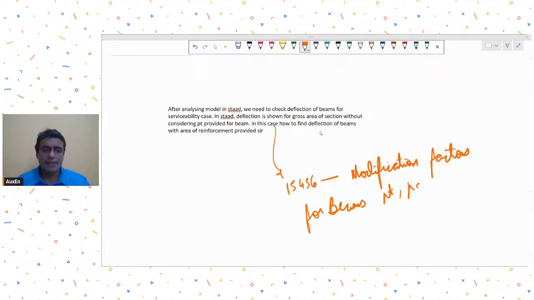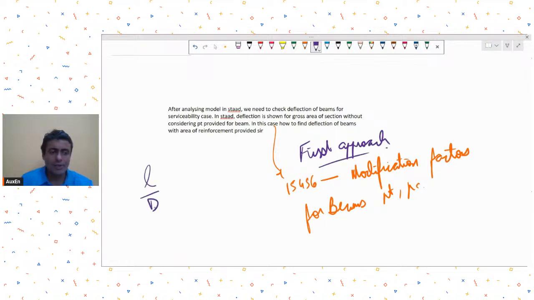But you must understand that when you are using this modification factor approach, this is the first one of the approaches that is given in the code. And what this approach says is that you find out L upon D ratio.